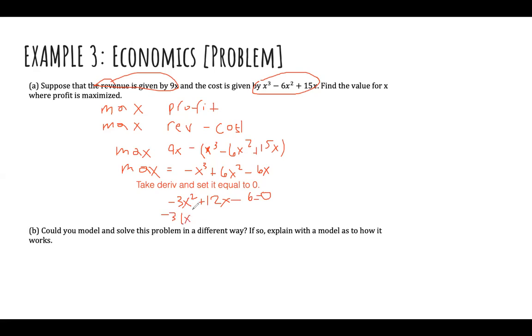So I have x squared minus 4x plus 2. And I'm just going to set that equal to 0.